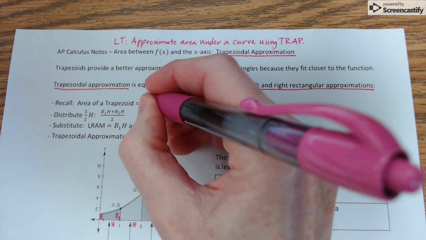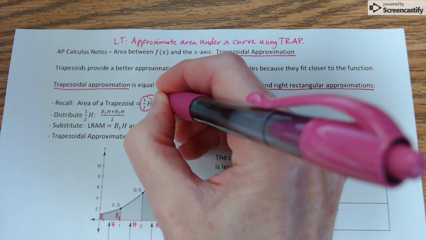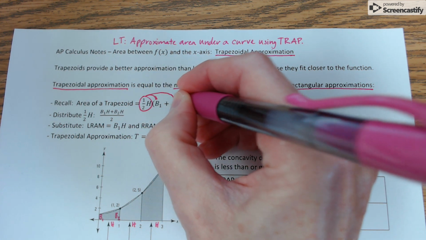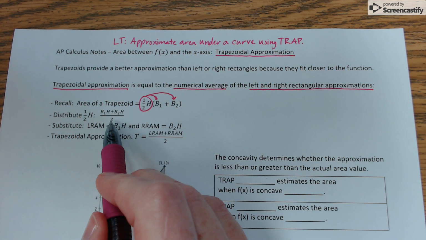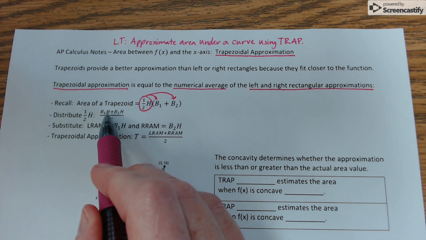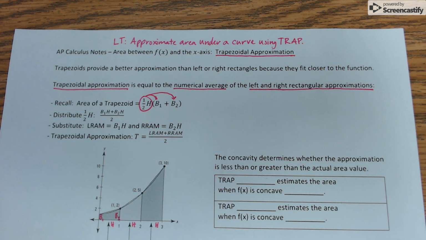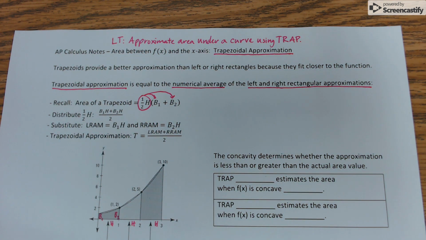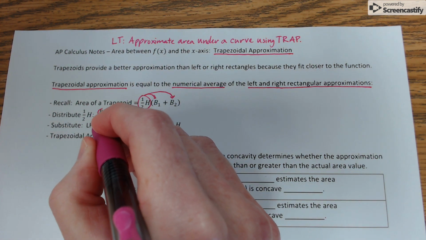So anyways, if you look at that formula, I want to think about distributing that 1/2 to both of our bases. When you do that and rewrite it, the 2 ends up in the denominator from the 1/2. The height gets multiplied by b1 and b2, and they're added together. So when we have that expression, let's look at this b1h.